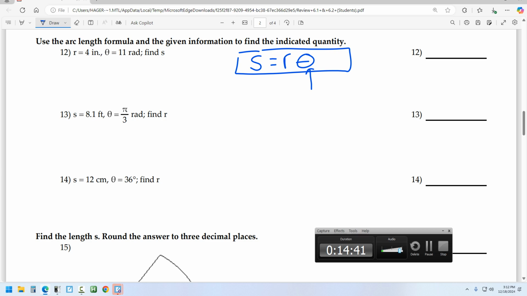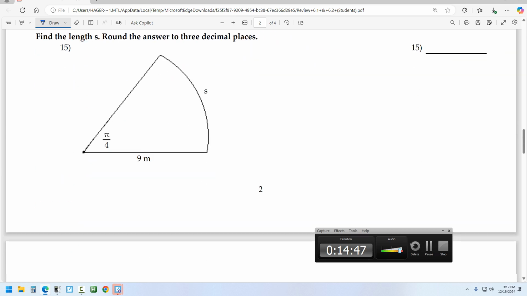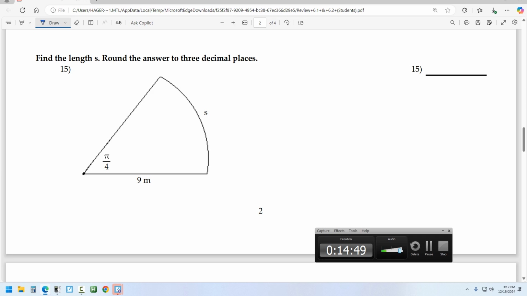The radian. So like in this picture, out of the S, the R, and the theta, what in that picture represents theta? The pi over 4? And what is that pi over 4? The angle, yes. So theta represents the angle.